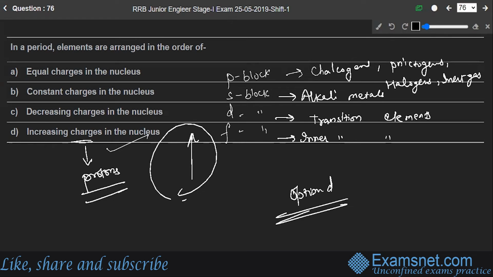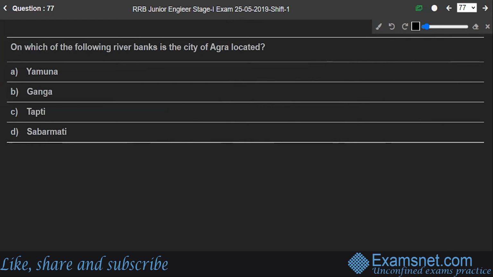Hope you understood. Next is question number 77. On which of the following river banks is the city of Agra located: Yamuna, Ganga, Tapti, or Sabarmati? Right answer is Yamuna, option A. City Agra is situated on the bank of Yamuna Nadi, Yamuna River.